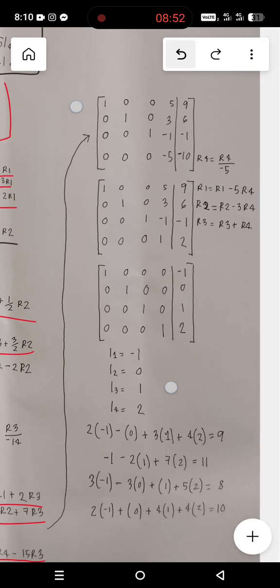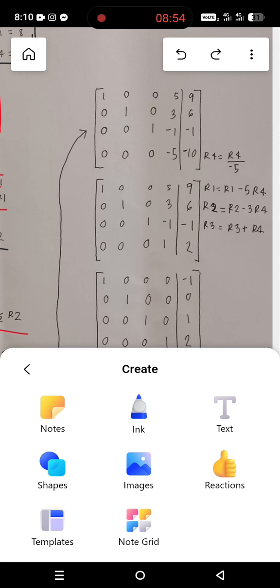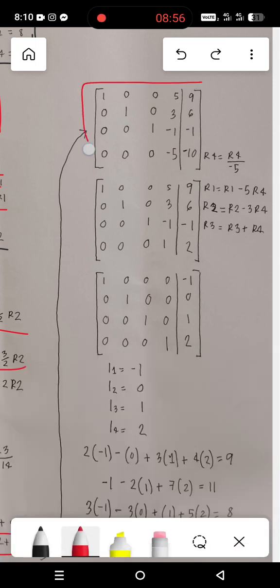And this is the result. So now we already worked on this column, this one, and this one.